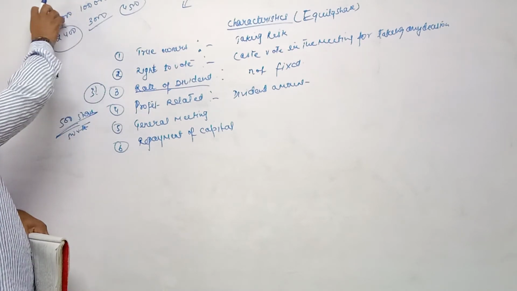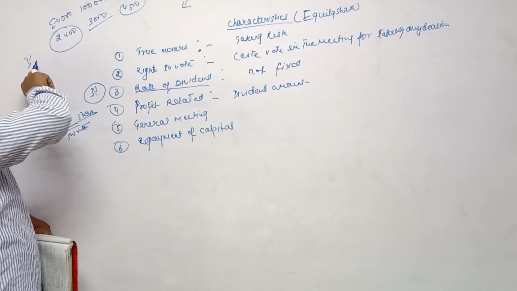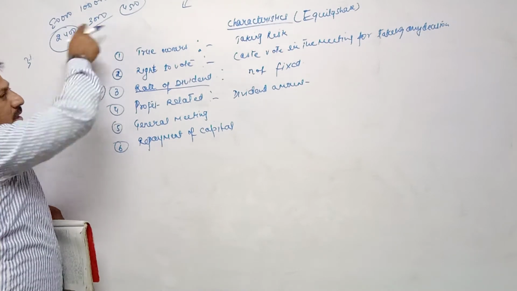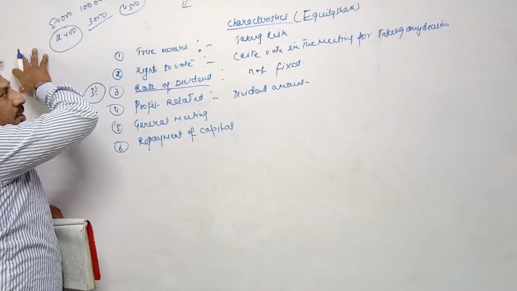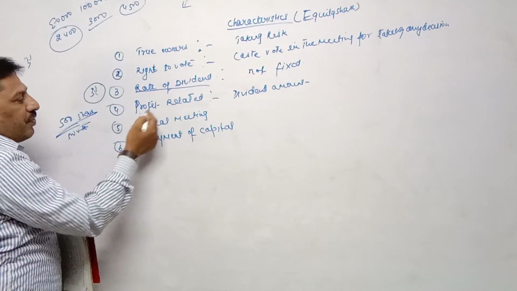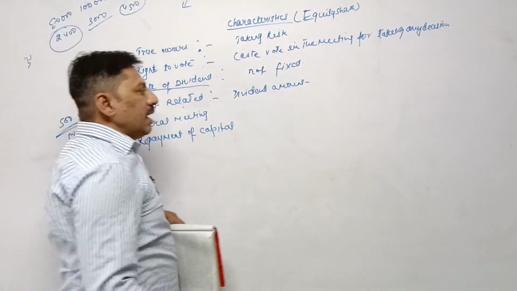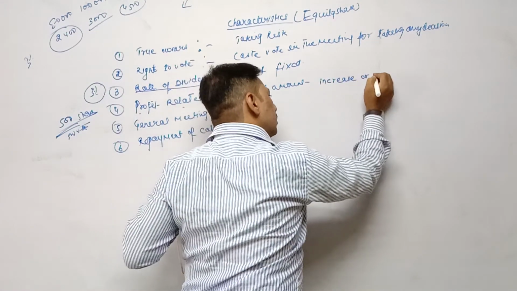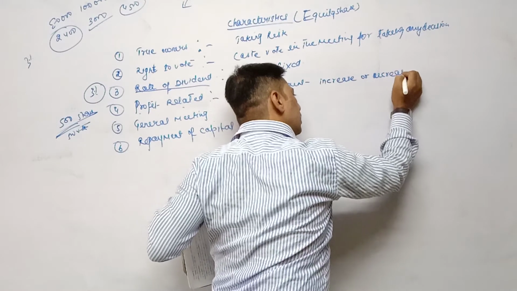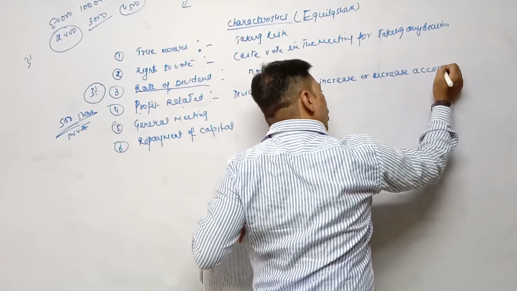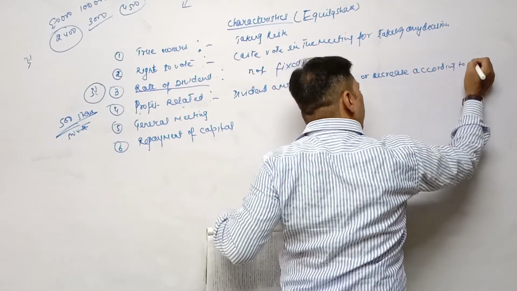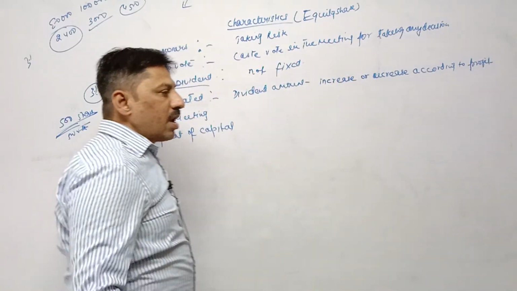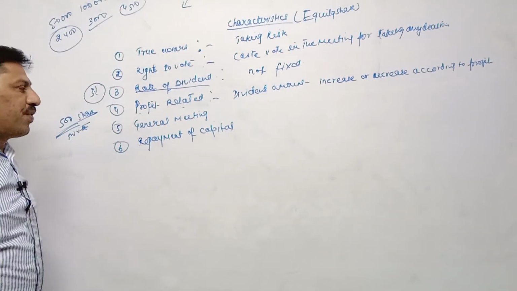The percent is the same, but the amount of dividend is called profit related. So dividend amount increases or decreases according to profit. Now rate of dividend and dividend amount are both different.